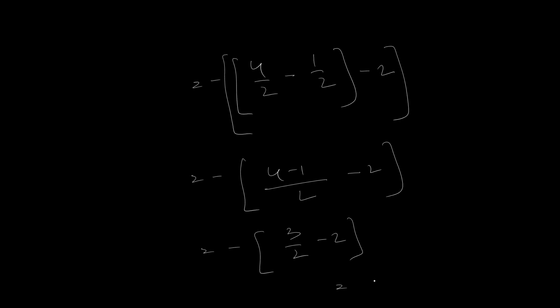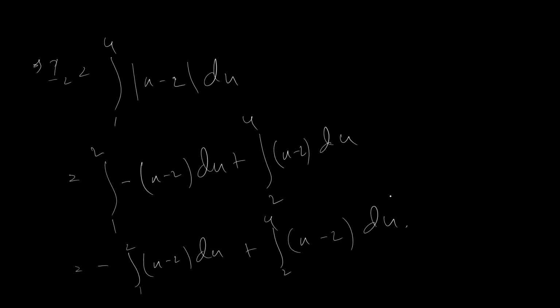So this is minus, LCM 2, 3 minus 4, so I will get minus 1 by 2, which is ultimately 1 by 2. So this part I got is equal to 1 by 2.